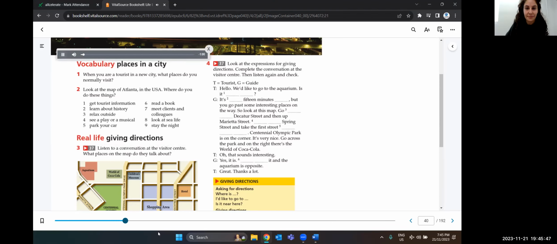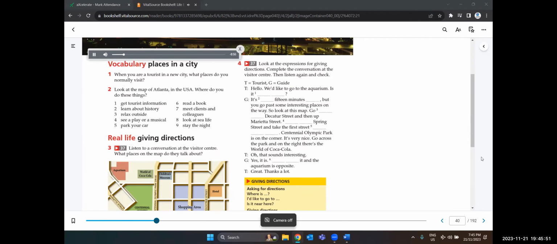Track 37, Unit 3D. Hello. We'd like to go to the aquarium. Is it near here? It's about 15 minutes away. But you go past some interesting places on the way. So, look at this map. Go straight up Decatur Street, and then up Marietta Street.